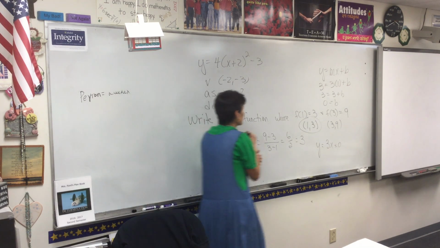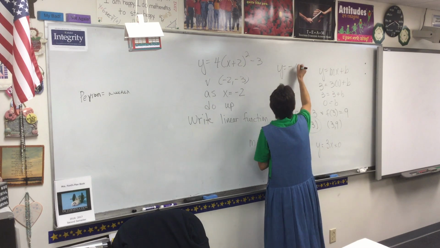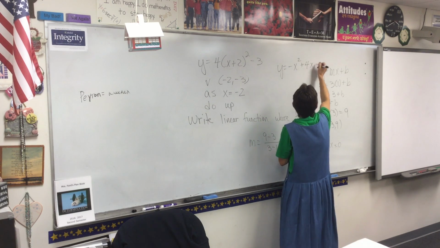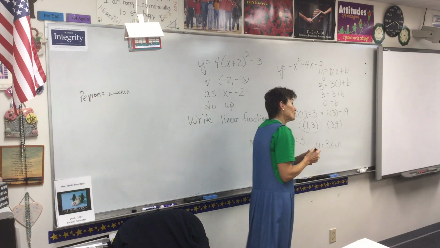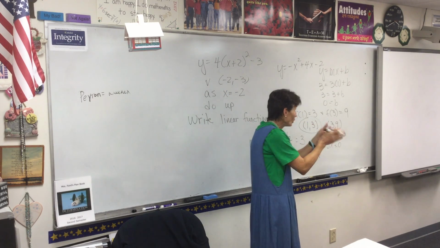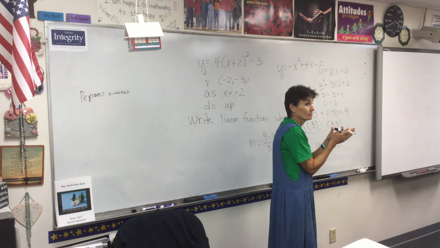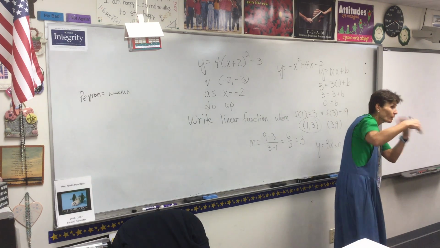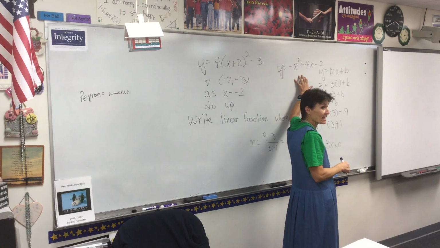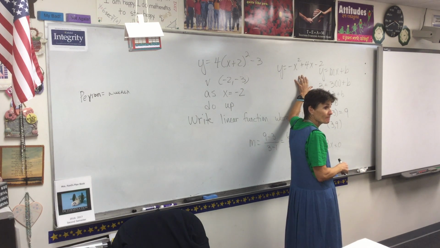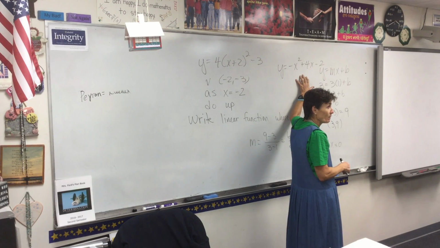But if the equation looks like this, you can do it any way you want. So you could put it in vertex form, or what else could you do? What else could you do if we need the vertex, axis of symmetry and direction of opening? I have a formula. Could I use my formula?